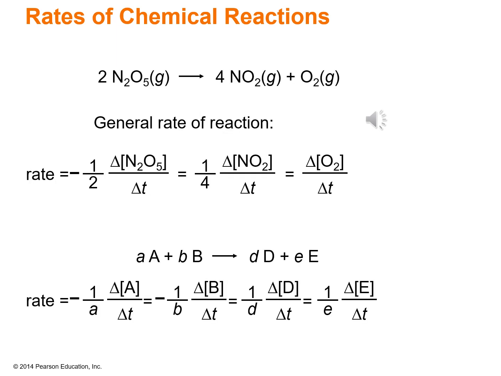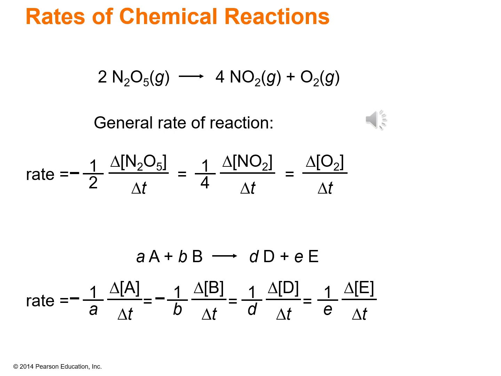It's important to look at the molar amounts that you have when you're forming something like two different products here. So as it states in the textbook, for the decomposition of N2O5, 4 moles of NO2 are formed and 2 moles of N2O5 disappear for each mole of oxygen that forms.